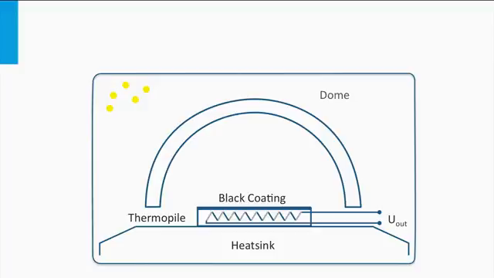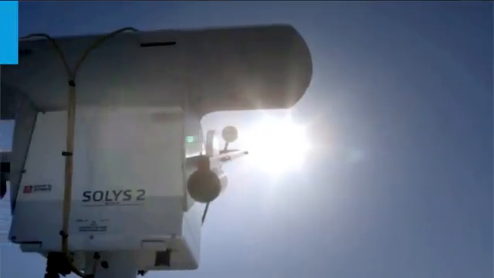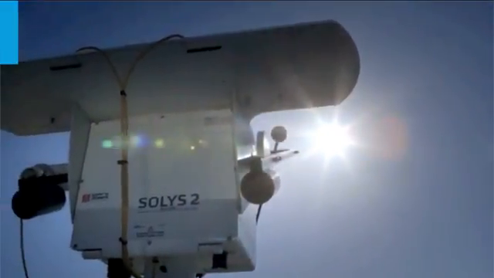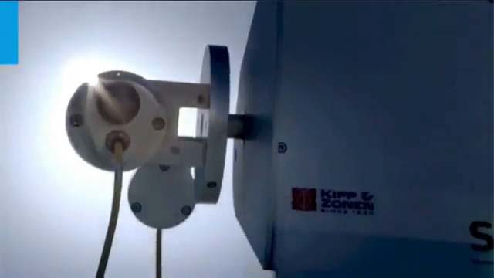The special hemispherical glass dome has the function of a spectral filter. It limits the spectral response from 300 to 2800 nanometers, cutting off the part above 2800 nanometers while preserving the 180-degree field of view.